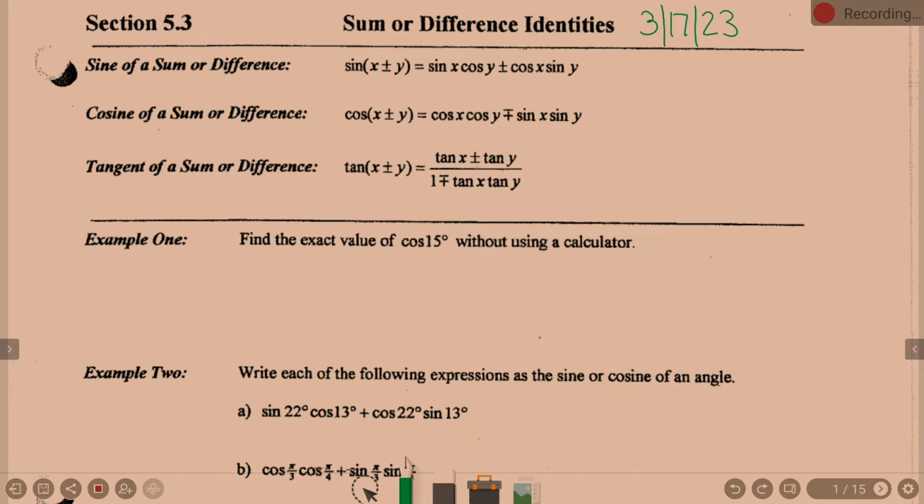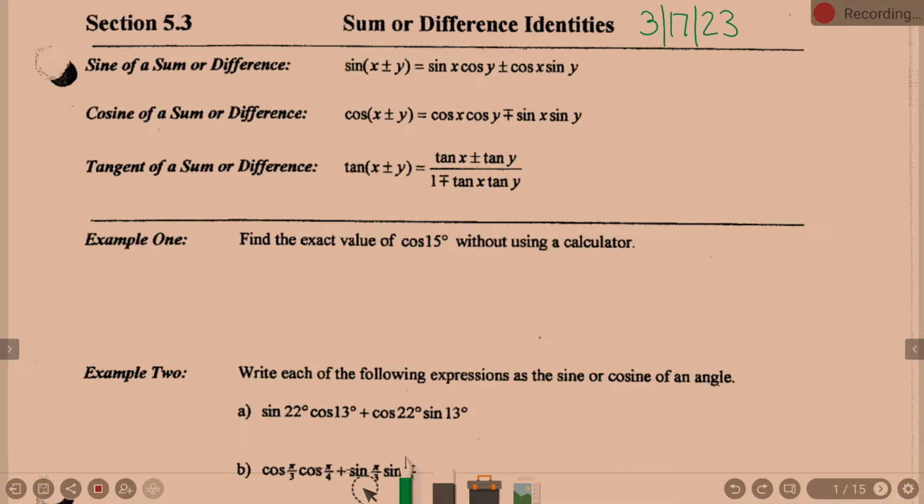Cosine is a similar situation. Cosine of x plus or minus y. The pieces are switched around here, right? You've got cosine x cosine y, and then sine x sine y. Notice this sign, though, is a minus plus, if such a thing exists. But the idea on the first one, both pluses are on top, both minuses were on top, so they correlated.